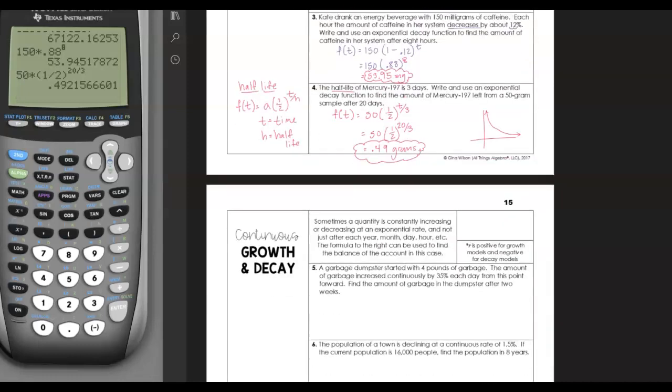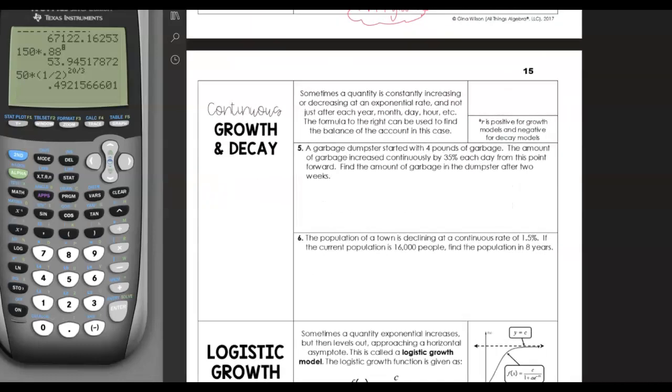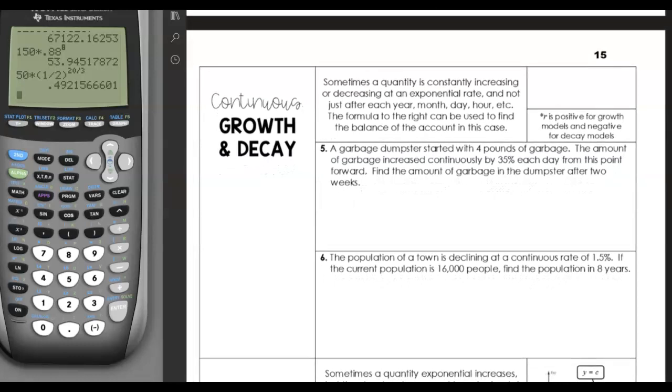Okay. So now we're going to talk about continuous growth and decay. If you think about last class, what formula did we use to find a continuous growth for interest? What formula did we use for finance when we are continuously compounding interest?